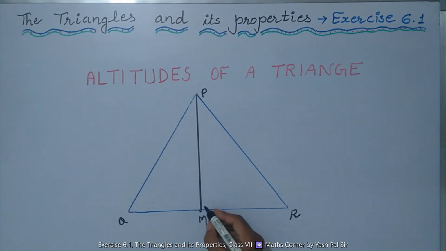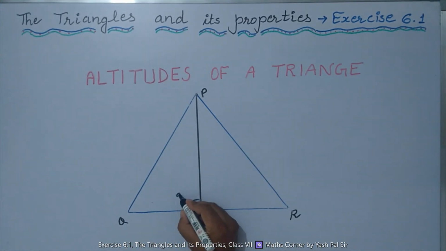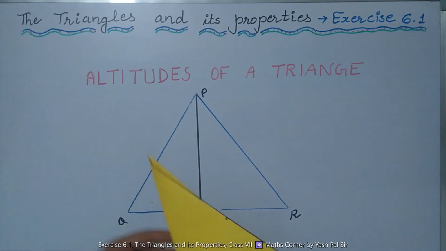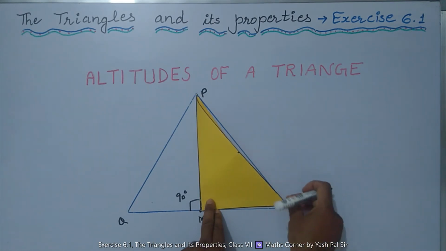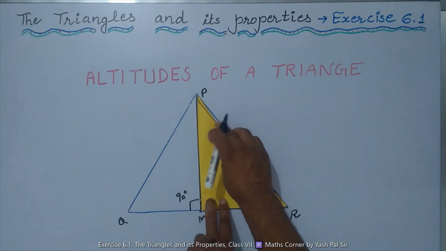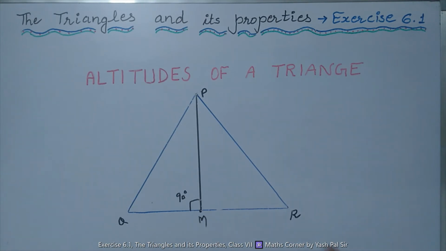Now what is the special thing here? Angle QMP is 90-degree. This is 90-degree, right. So we have drawn this way so that this angle became 90-degree. Here this angle is also 90-degree, right.